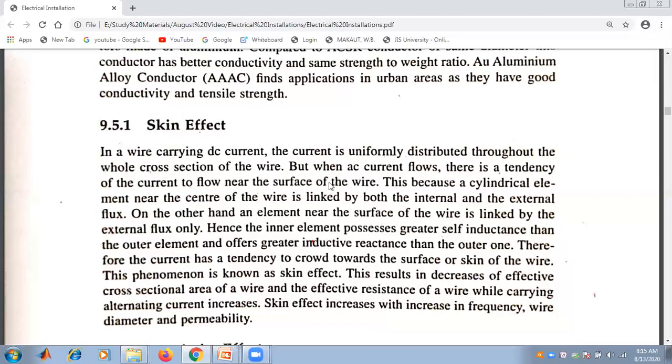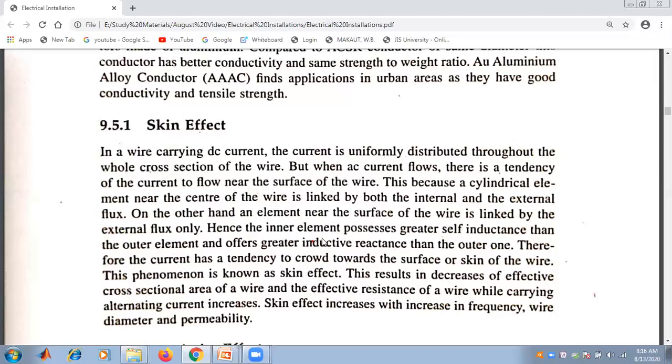This is because a cylindrical element near the center of the wire is linked by both internal and external flux. On the other hand, an element near the surface of the wire is linked by the external flux only.